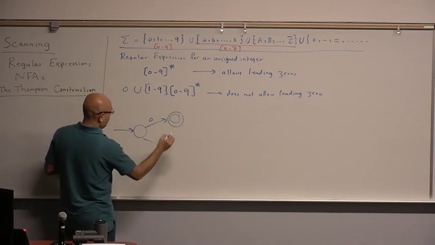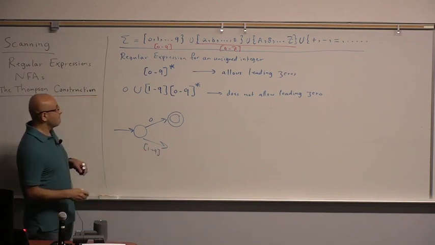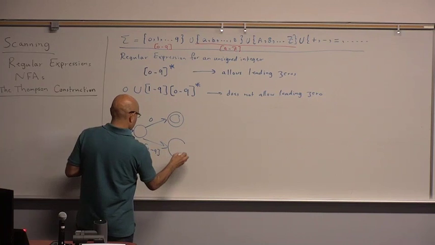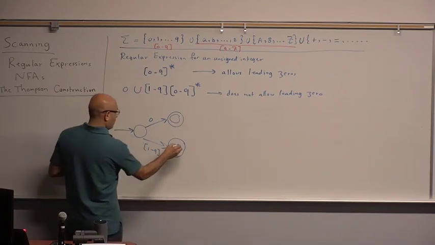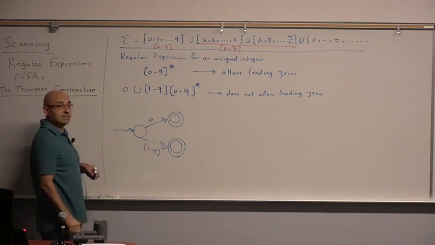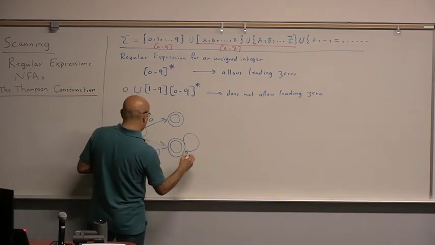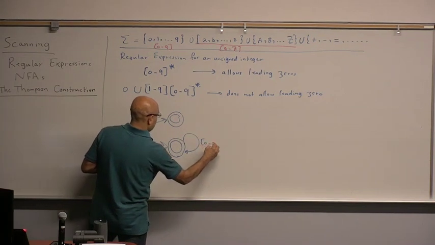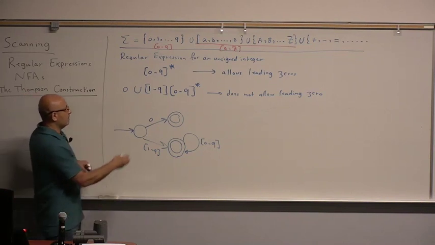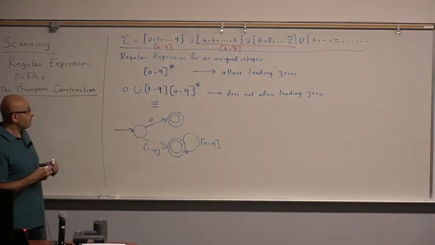And if we start with a non-zero, we'll go to another accept state. But what should we have in this accept state? A loop. So you can have anything that you want, anything 0 to 9. So this is the equivalent NFA.